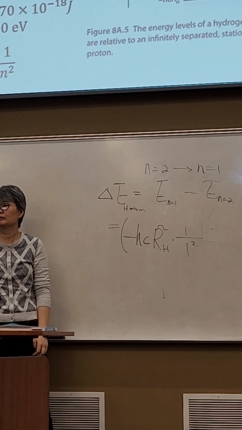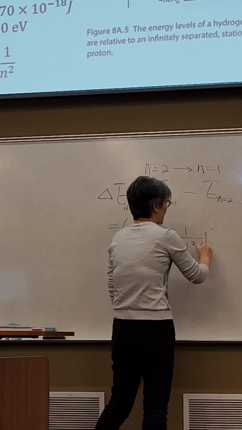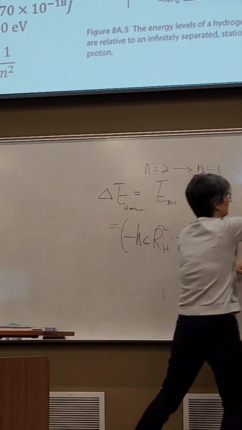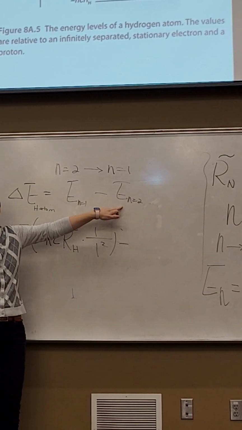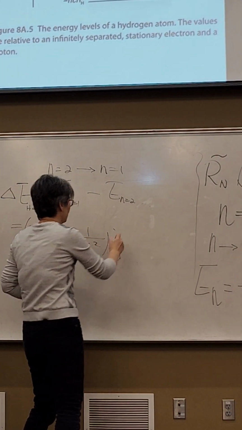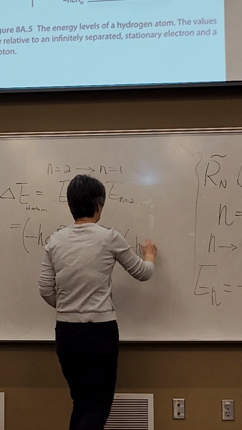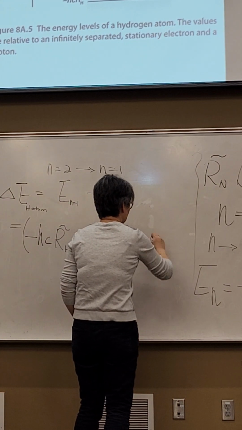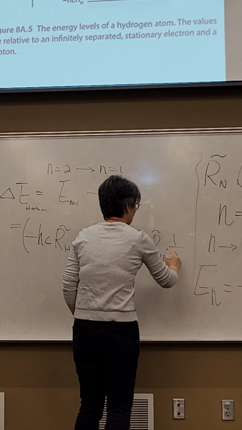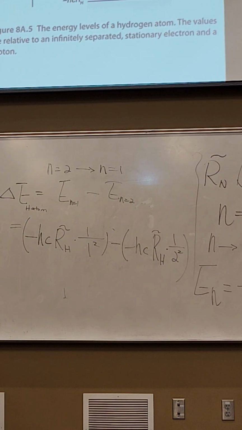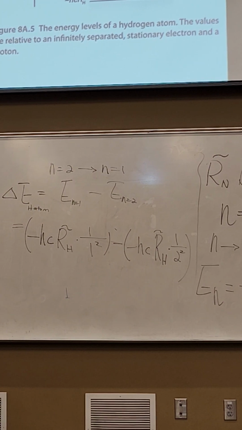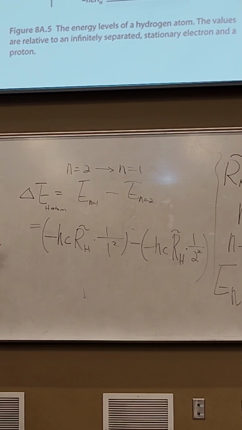Any questions? Now what we have is minus the initial state, that is n equal to 2, so you do the same. Does that sound good?